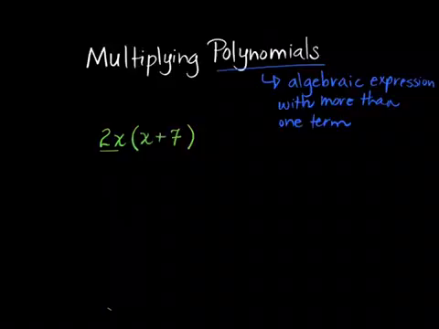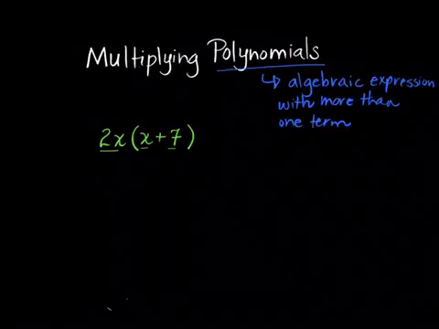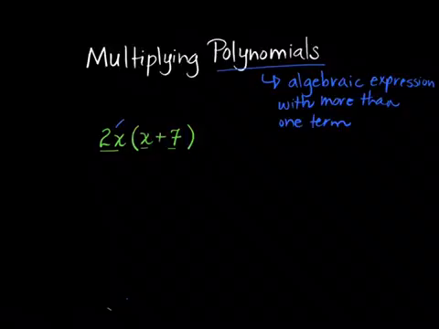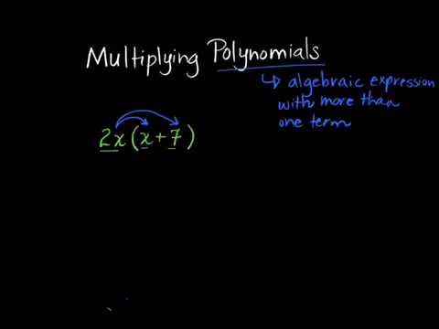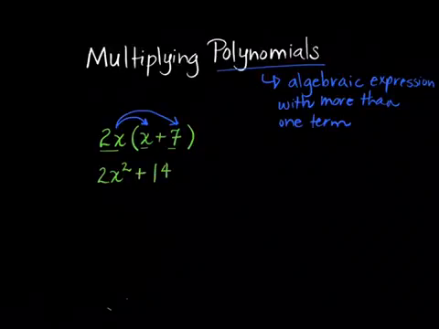X plus 7 is a binomial because it contains two terms, x and 7. To do this, we're going to apply the distributive property, and so therefore we're going to take the factor 2x and multiply it by each of the terms in x plus 7. 2x times x becomes 2x squared, and 2x times 7 becomes 14x.